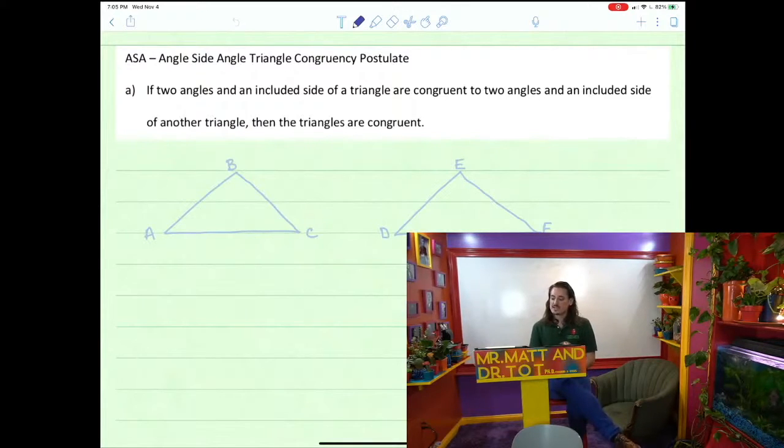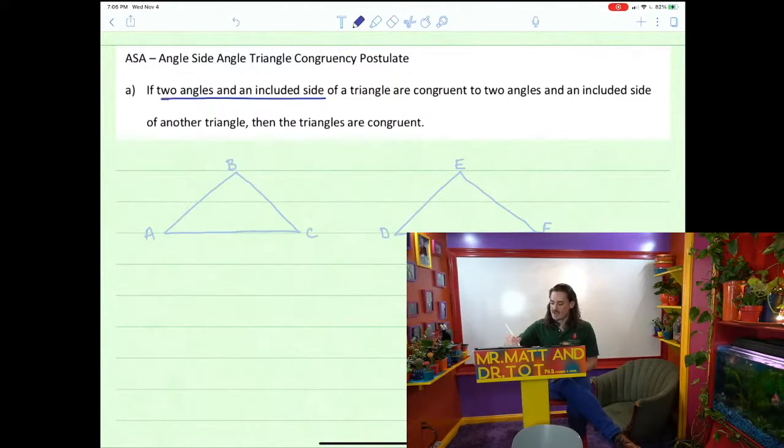So, angle side angle, you can prove this by observing if 2 angles and an included side of a triangle are congruent to 2 angles and an included side of another triangle, then you can conclude that the 2 triangles are congruent. So if 2 angles and an included side, what does that mean? If it's an included side, that means that it lies between the first 2 angles.